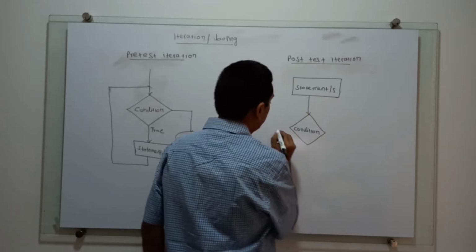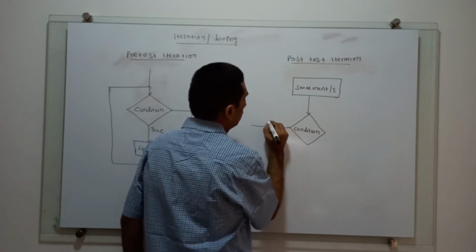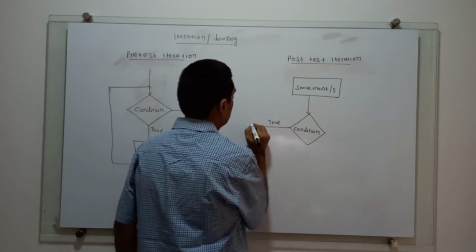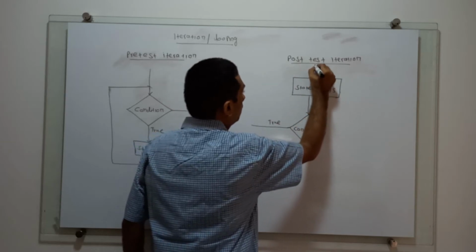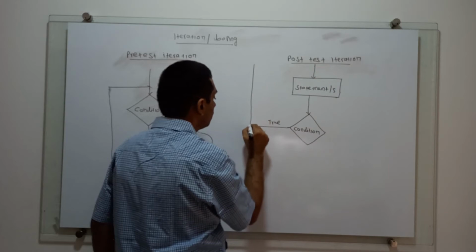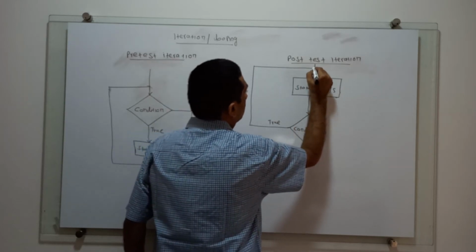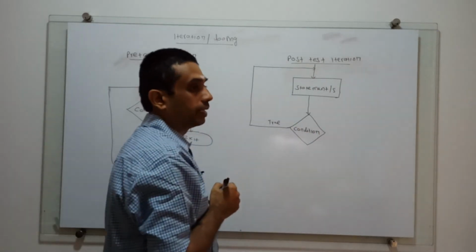Okay, condition. If the condition is true, then what will happen? This is the incoming flow. If the condition is true, then the statement will get executed again and again.